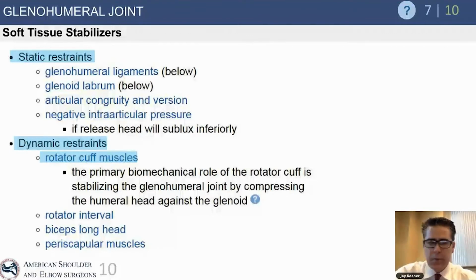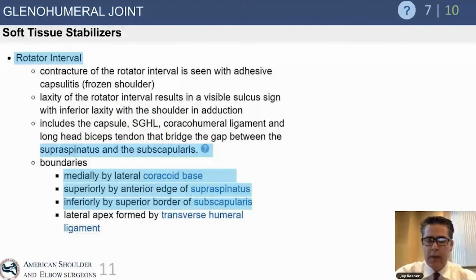The dynamic restraints, which we're going to talk more about today, are specifically related to the rotator cuff muscles, the long head of the biceps, and the important periscapular muscles. The rotator cuff muscles are really helpful by augmenting that concavity compression phenomenon. They give you good mid-arc stability, whereas the ligaments usually are more important for stabilizing at the end range of movement.